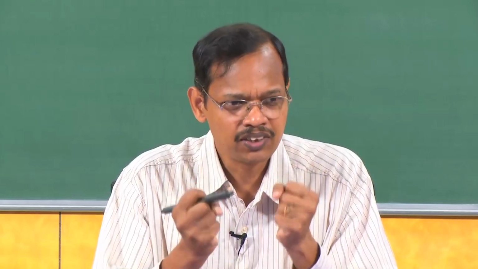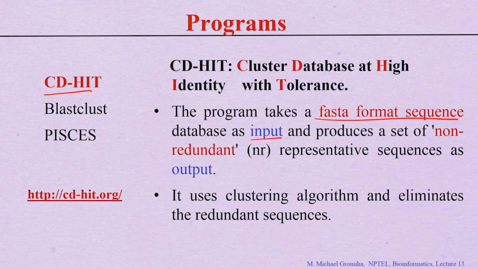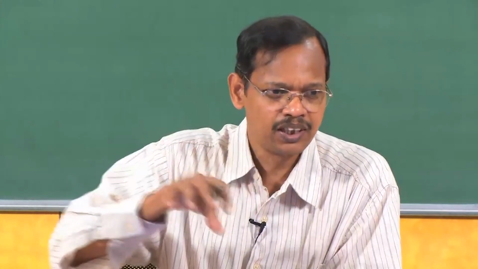CD-HIT will treat all your sequences as input, and depending upon your needs, it will give you the non-redundant data set. It uses a clustering algorithm to eliminate the redundant sequences. It makes clusters from your sequences, and based on the clustering it will pick up non-redundant sequences from each cluster.